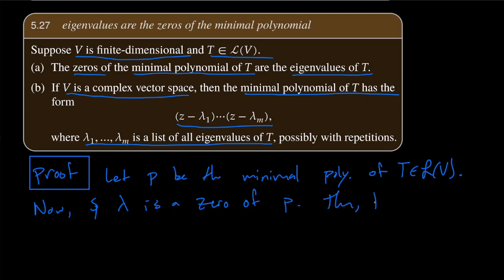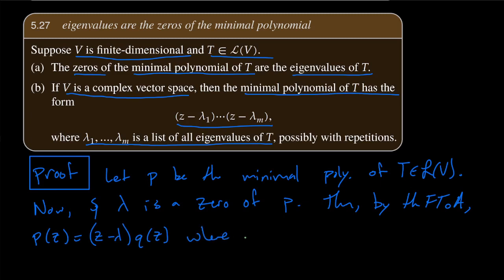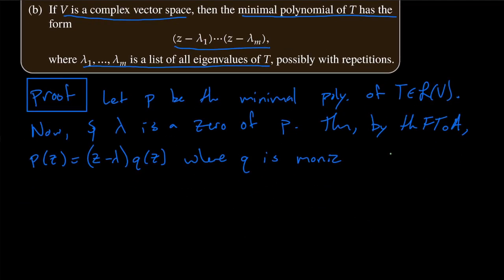Then, by the fundamental theorem of algebra, we get the following: p(z) is equal to (z minus lambda) times q(z), where q is monic and of degree less than p.